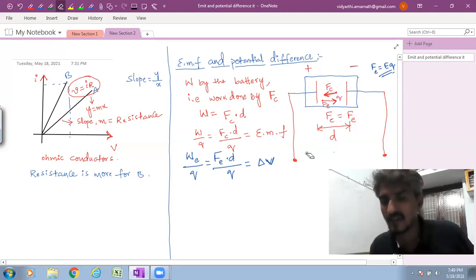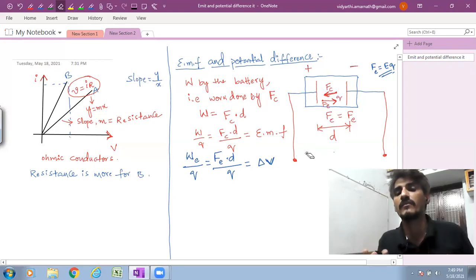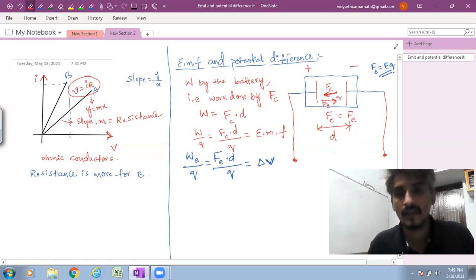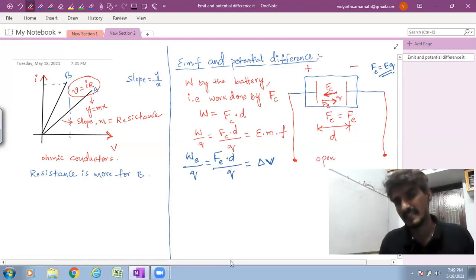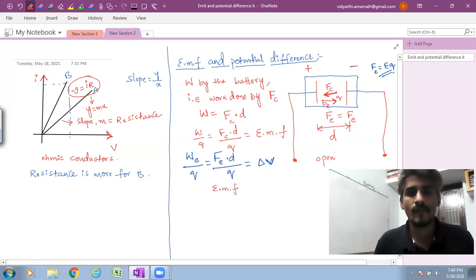When the current does not flow, in this situation, when it is open circuited, we can say that open circuited means current doesn't flow. When this is open circuited, then we can say that EMF is equal to potential difference when the circuit is open.